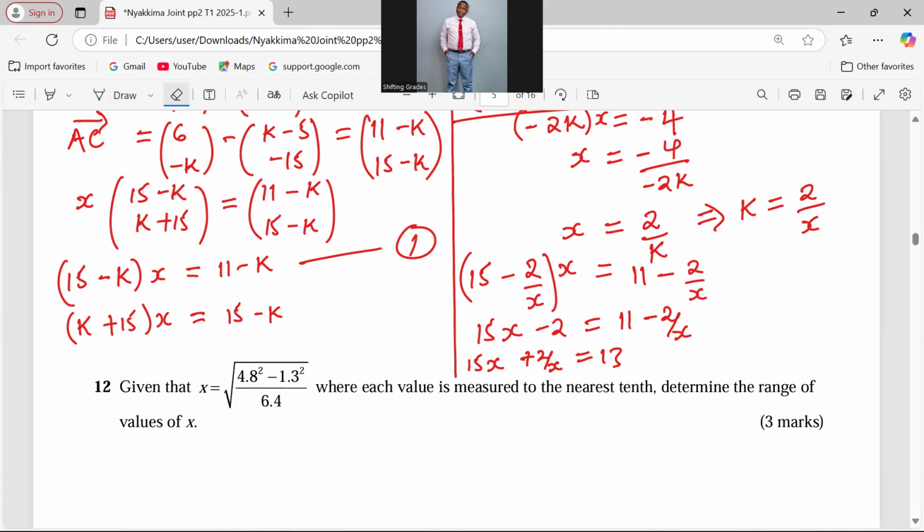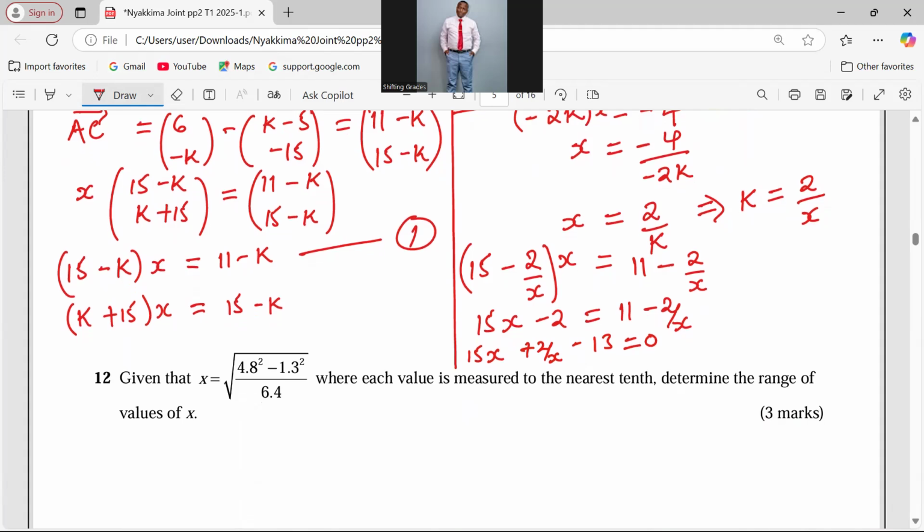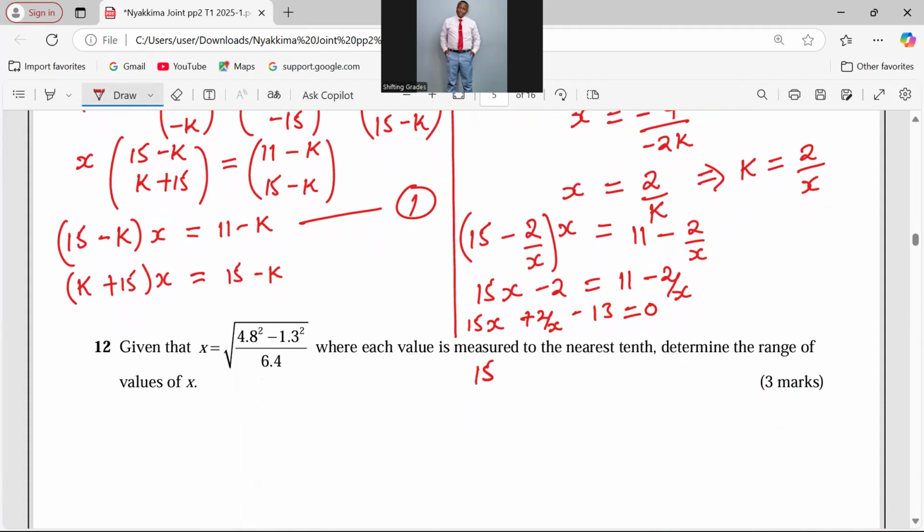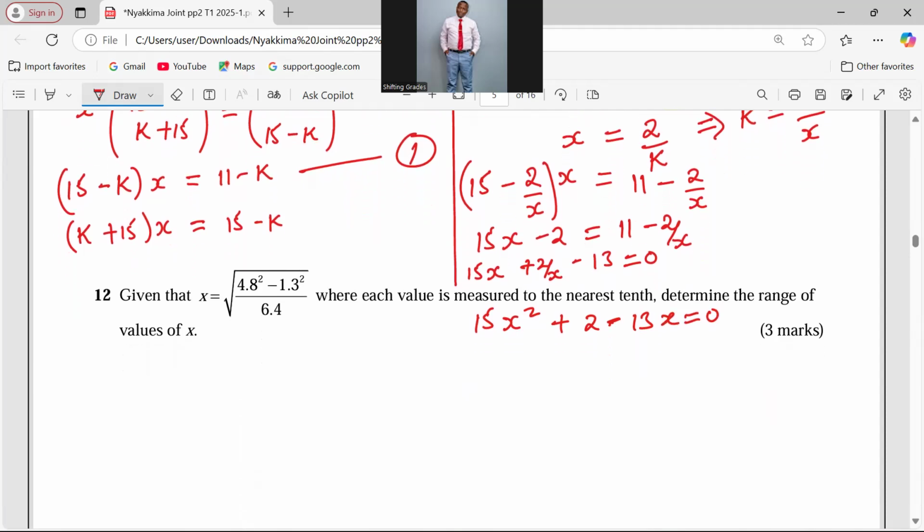This equation can now become quadratic, such that we have 2 values of x. We subtract the 13 and remain with 0. When we multiply through by x, it will be 15x squared plus 2 minus 13x equals 0. So we can solve 15x squared minus 13x plus 2 equals 0.